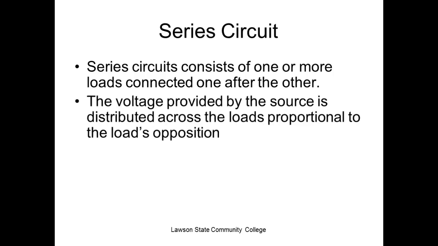The voltage provided by the source is distributed. So what happens when we run? The voltage source doesn't move. Everybody understand that? Your battery does not move, just like your heart does not move. But what happens is we push that blood out, and then it goes into an opposition. So what happens when it goes to an opposition?